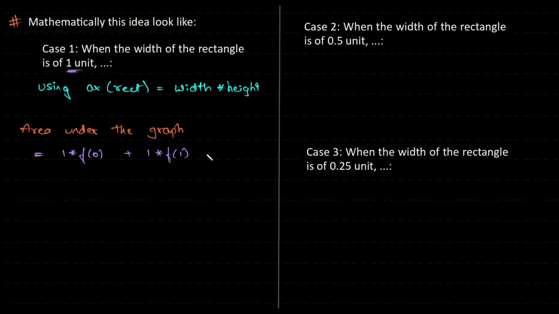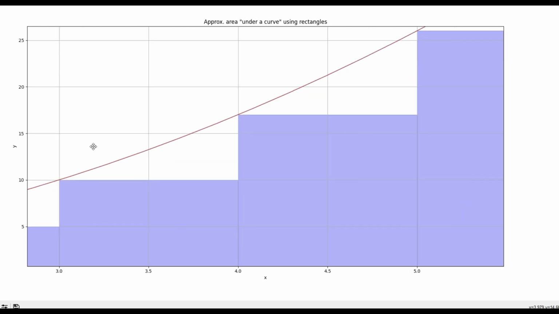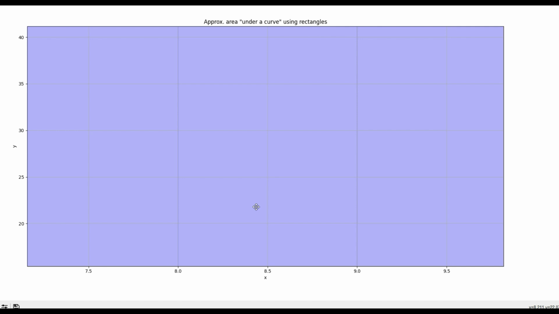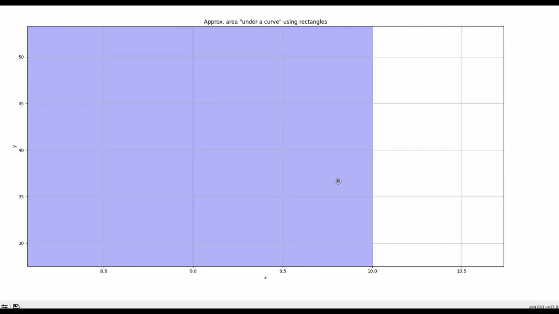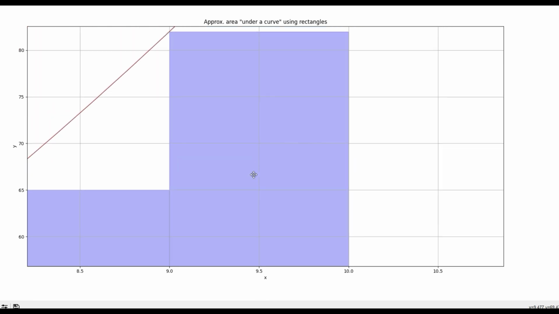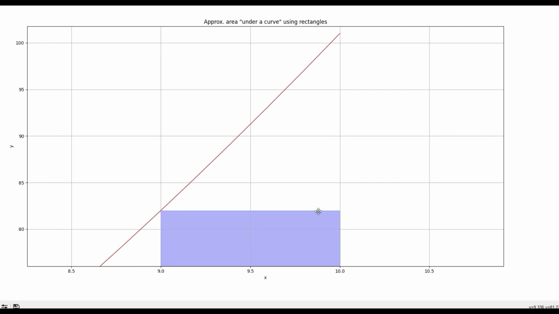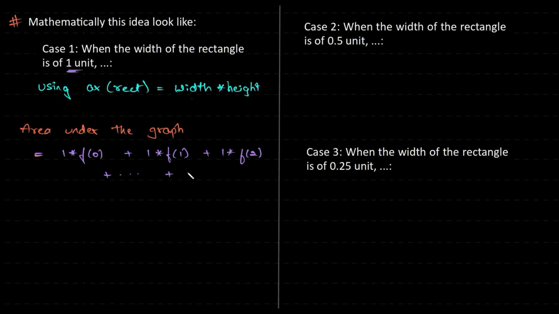Right? So this can keep happening. So this will keep happening till the last one. And the last one is, okay. So last one height is, if you can go up, I can go up, of course. So this is till 9. Okay, 10th is not included, till 9. So 1 into f of 9.